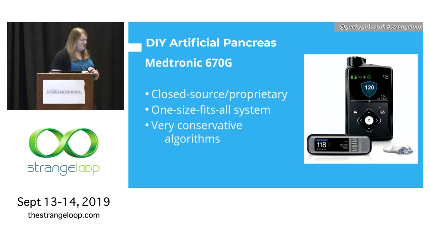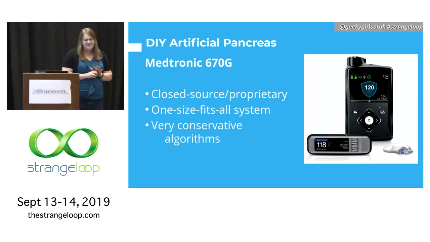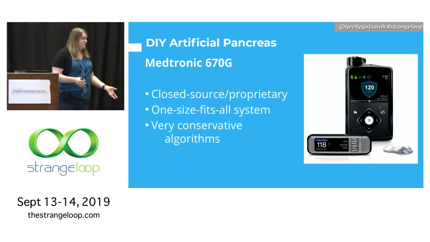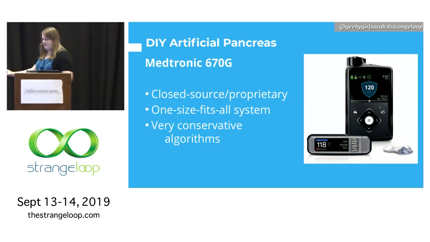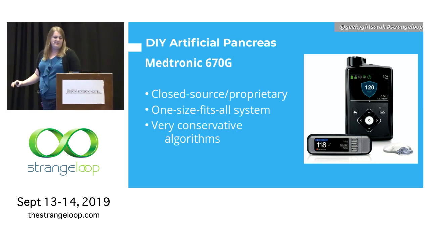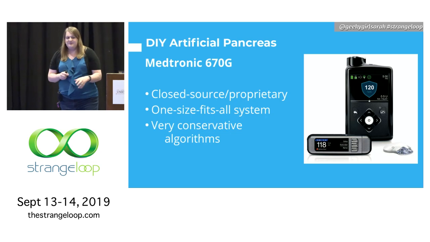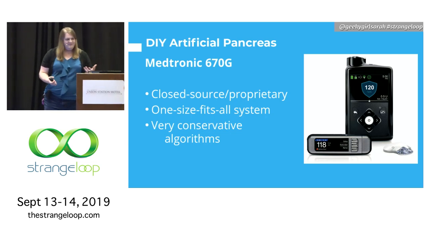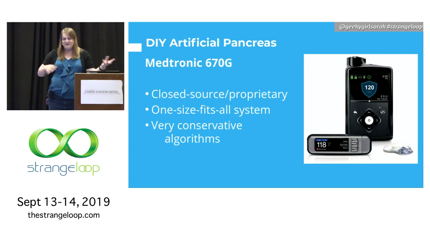And then I said there were 3, there's this 4th one here. This is a Medtronic 670. It is a commercial product. It's closed source, it's proprietary. Medtronic doesn't want you to know anything about how this thing works. But they try to make it a one-size-fits-all system, which in a way I can kind of see. But as you've hopefully seen for the first half of this talk, there's a lot of things going on.